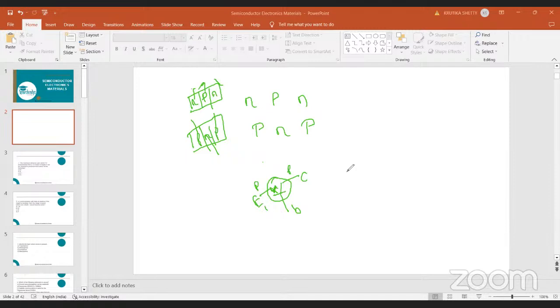If I show the arrow mark in the outward direction, then it is called an NPN transistor. So here we have the emitter, the base, and the collector. There are 3 regions in a transistor.